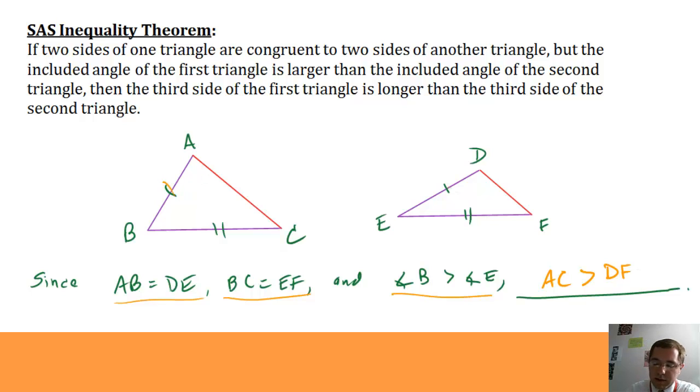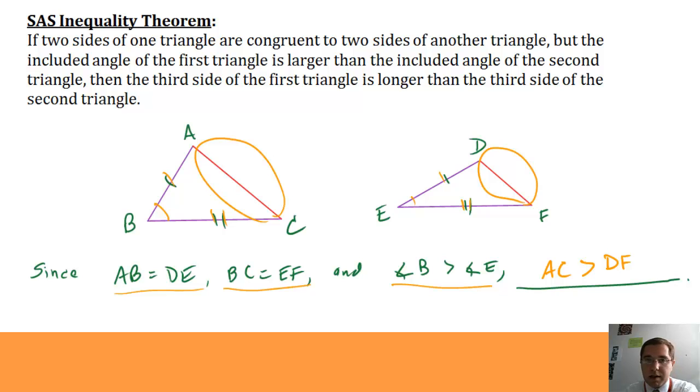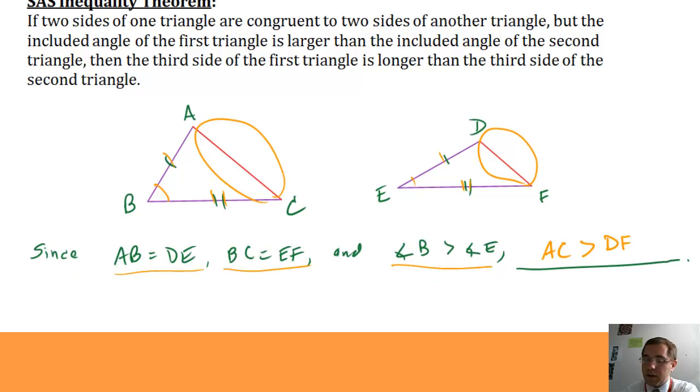AB was equal to DE, BC was equal to EF, angle B is greater than angle E. So AC must be greater than DF. Clearly it looks that way in the picture, but this theorem guarantees us that that would be the case.